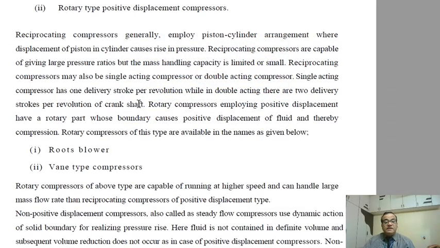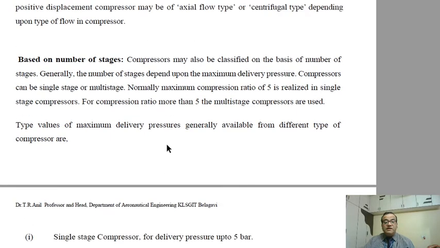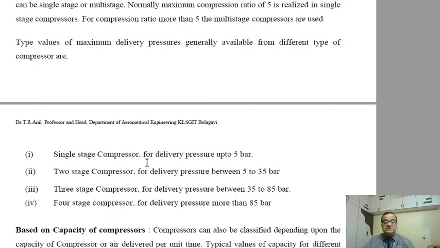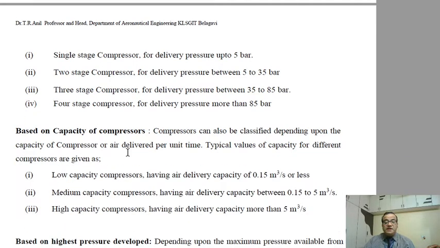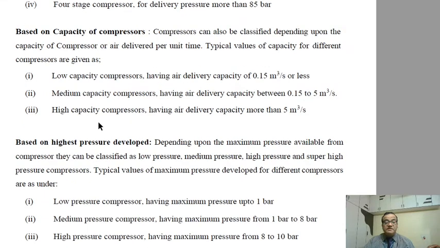Based on the number of stages, compressors are classified as single stage, two-stage, three-stage and multi-stage compressors. Based on capacity, we have low capacity, medium capacity and high capacity compressors.